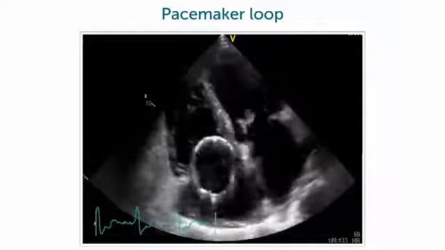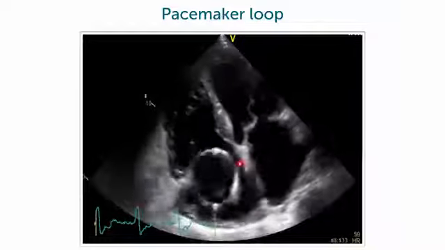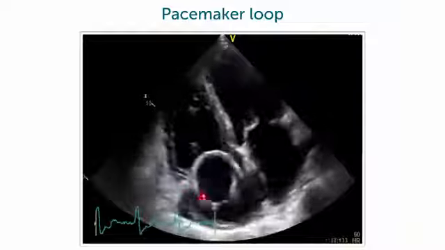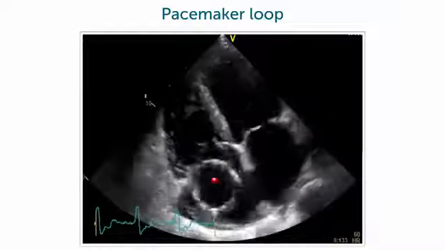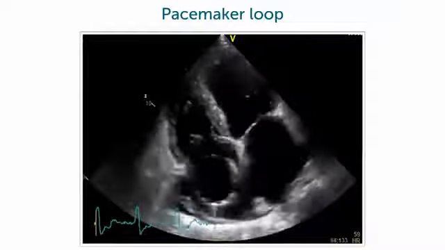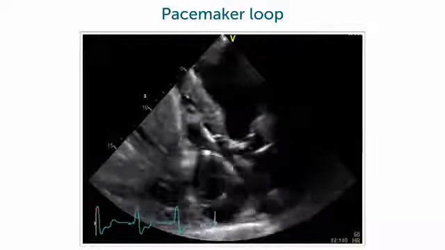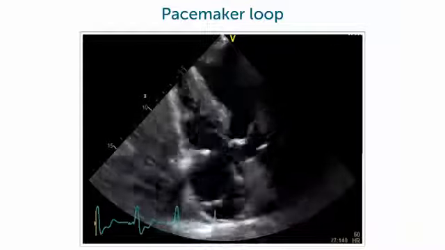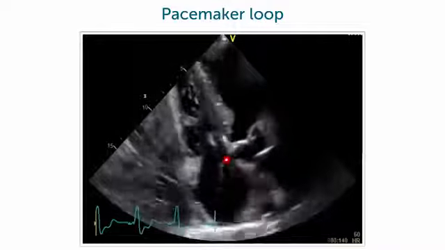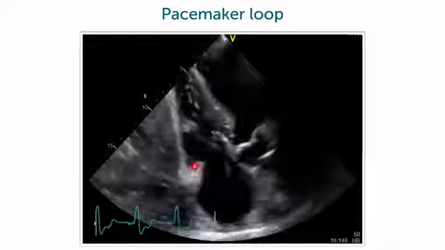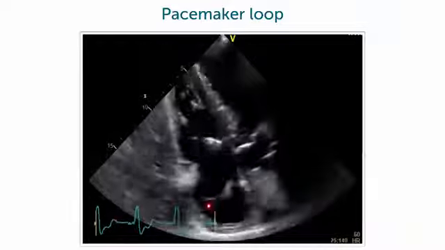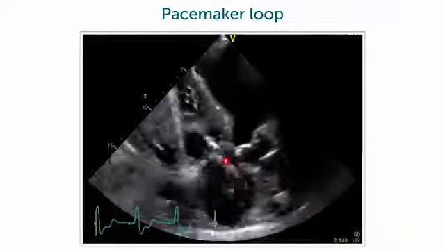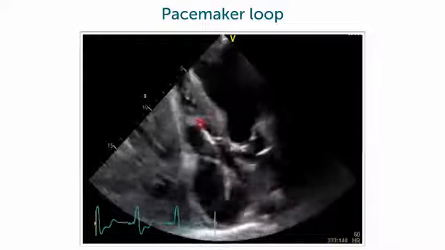If you look at the structure at first glance, you might have the impression that this is a cystic structure here. But in reality, if you turn and twist the transducer a little bit, you will see that actually the pacemaker comes in through here and then circles the right atrium and then here goes into the right ventricle. So a pacemaker loop.